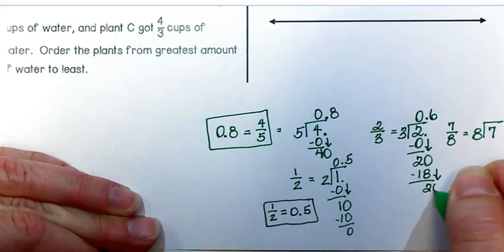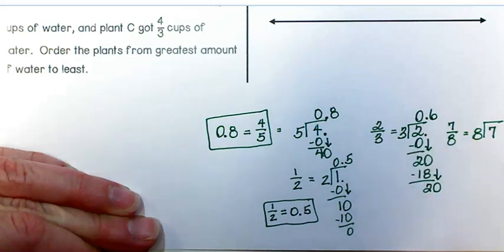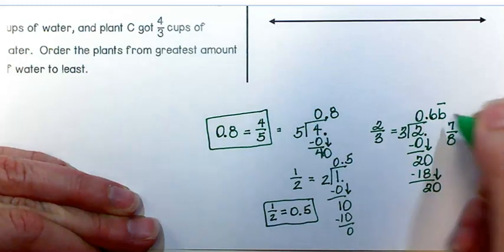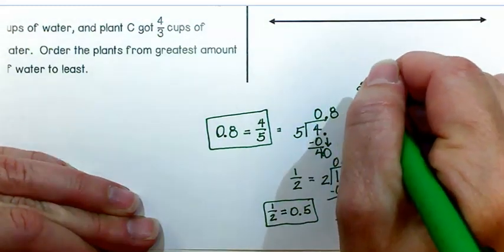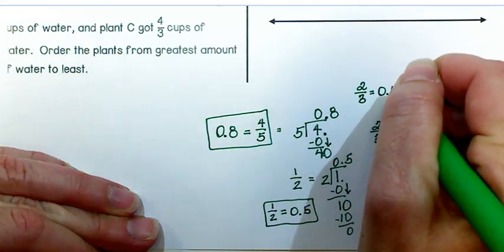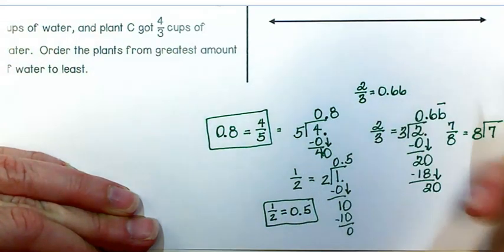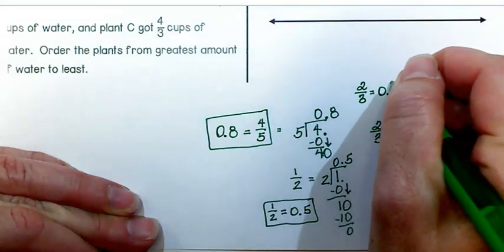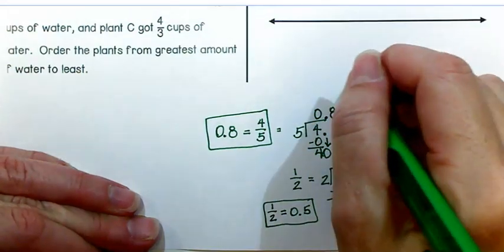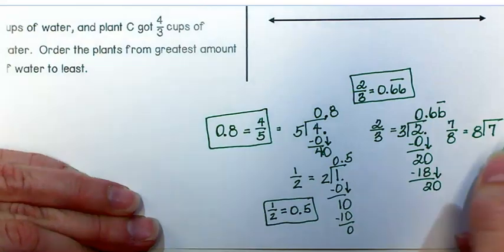Get a 2 again, bring down a 0, I've got a 20 again. 3 will go into 20 6 times. I'm going to keep getting a repeating 6. So 2/3 is 0.66, and we can just put the bar up there to indicate that the 6 is going to repeat.